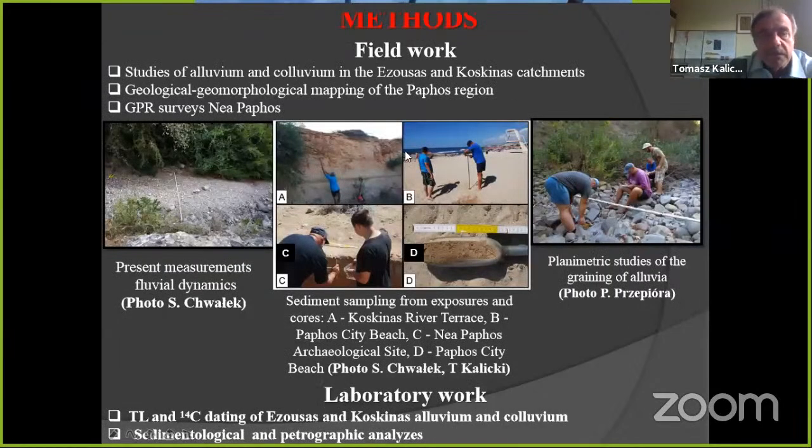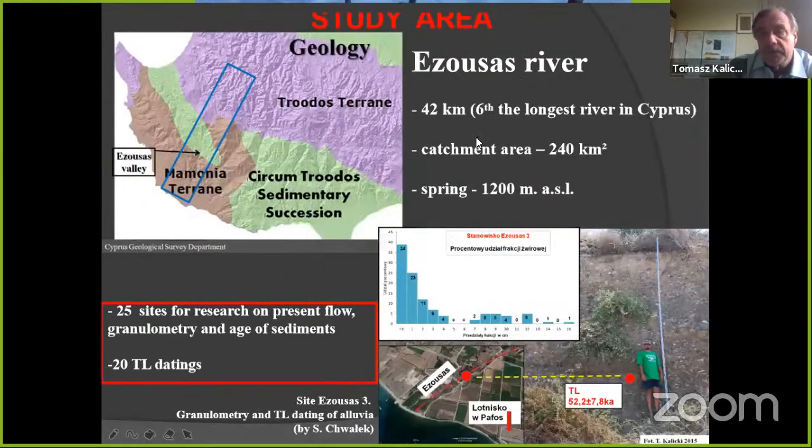Field work, classical. From the field work, we then have the laboratory work with TL and C14 datings and planimetric study of a very big alluvium. The Azores River is 42 kilometers long, the 6th longest river in Cyprus.